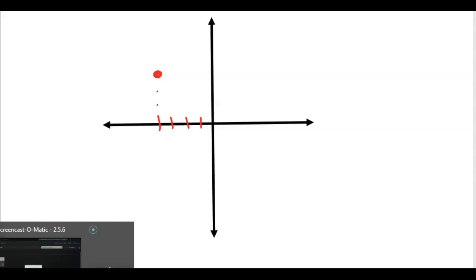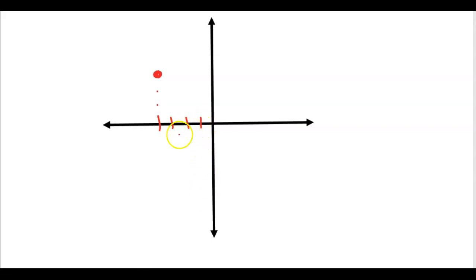And what? -3 and what? Was it -3 and 0? Who has a table? -3 and 0. And 2 and -1.